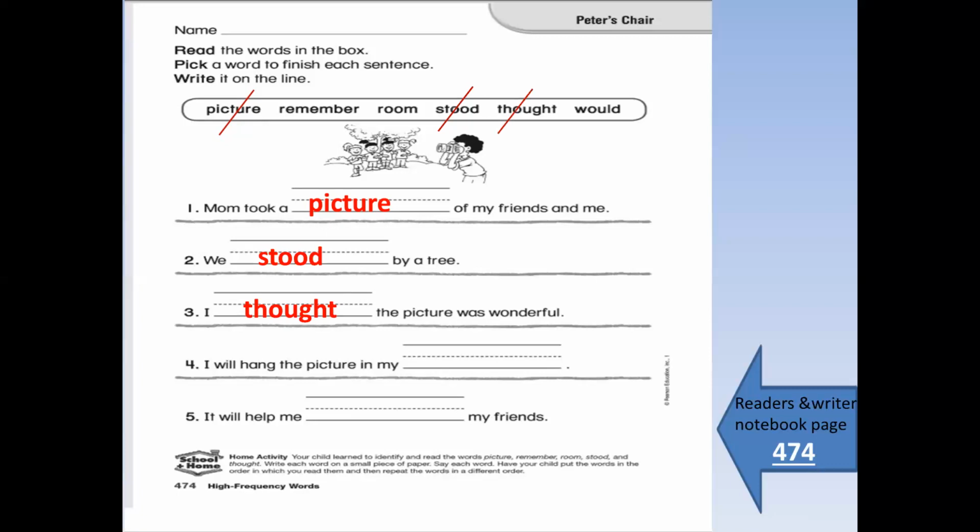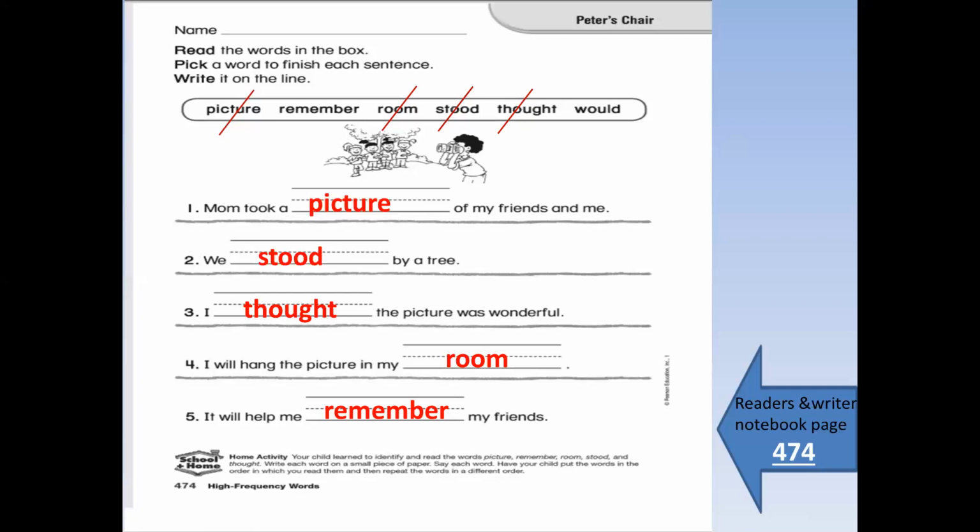Number 4, I will hang the picture in my great room. The last one is, it will help me what? Remember, great. It will help me remember my friends.